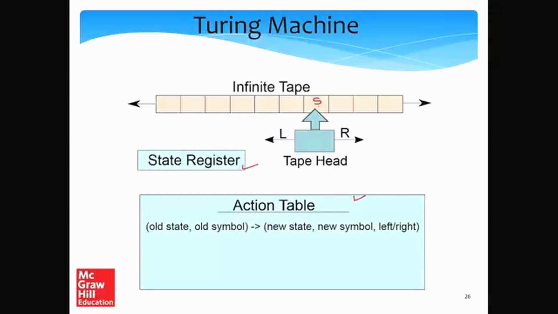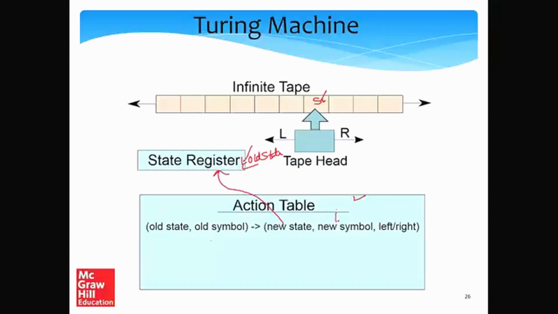So we look at the old state, the current state over here, and the symbol under the tape head. Using the old state and the old symbol, we find out the new state. The new state is written into the state register.